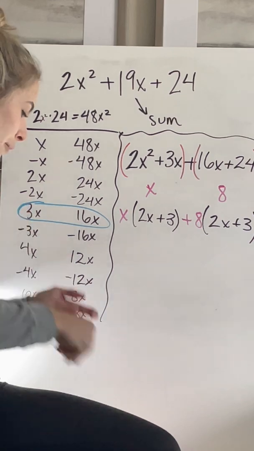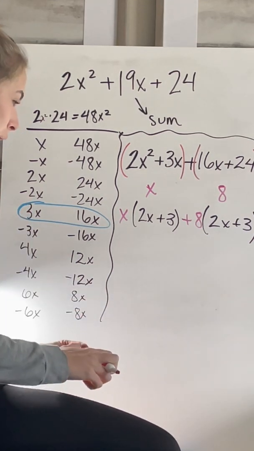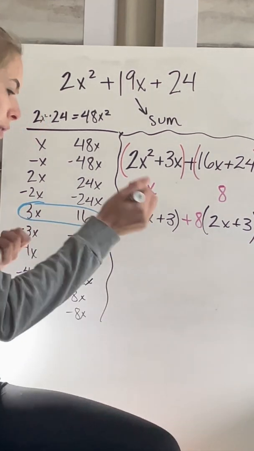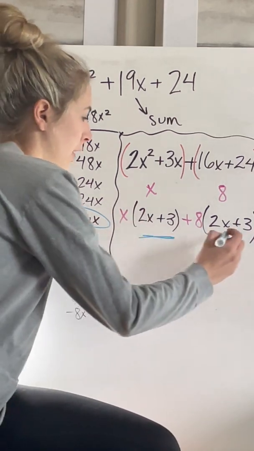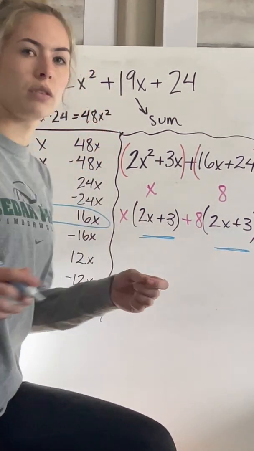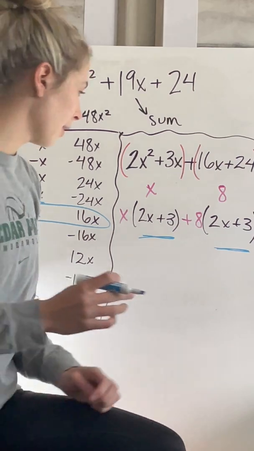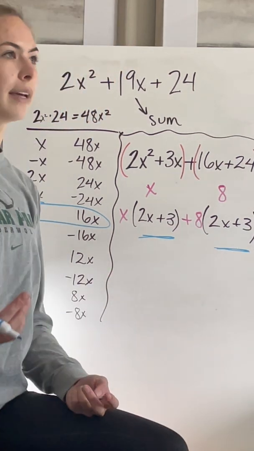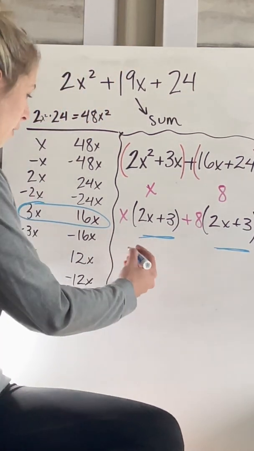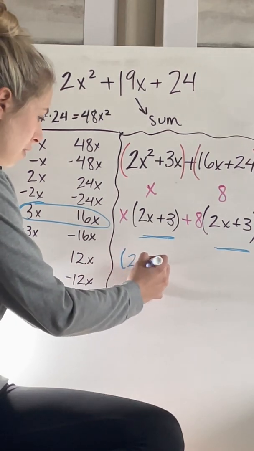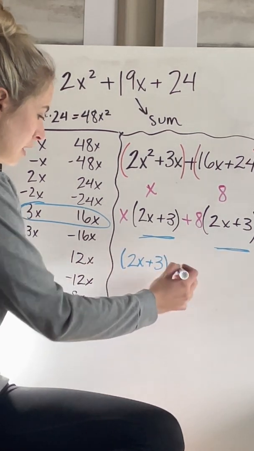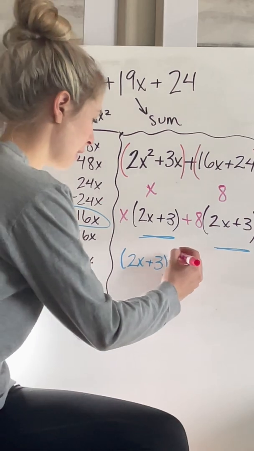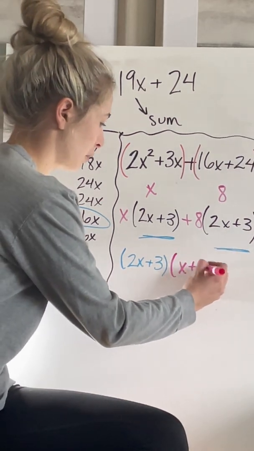So now from here, we see that we are on the right track because we have a 2x plus 3 and 2x plus 3. So since those are the same, let's go ahead and pull that out, or factor it out. 2x plus 3 times, what's in pink, x plus 8.